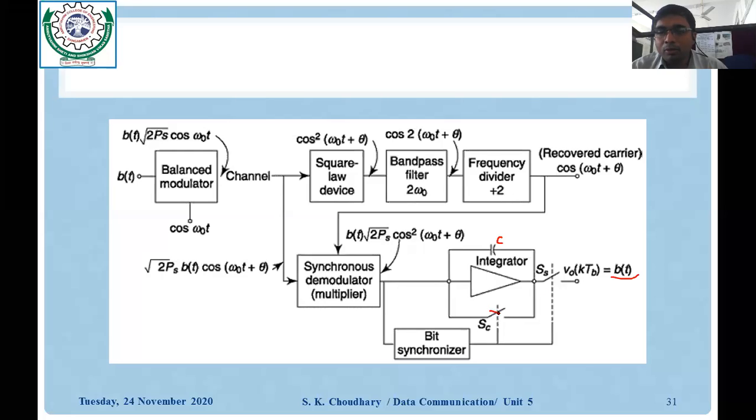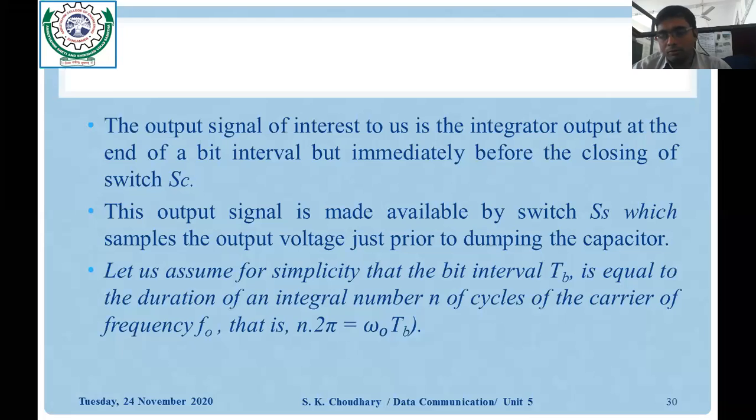This switch SC would be closed, and that time whatever the charge stored in this capacitor would be discharged through this path, and that is a very small moment. And again it would do the same function. The integrator would produce the output, and the bit synchronizer would synchronize that bit, and you would get the original message Bt. Okay, so this operation would be carried out.